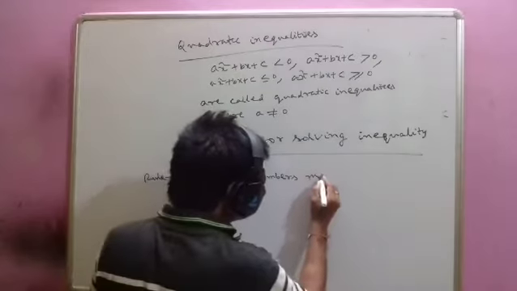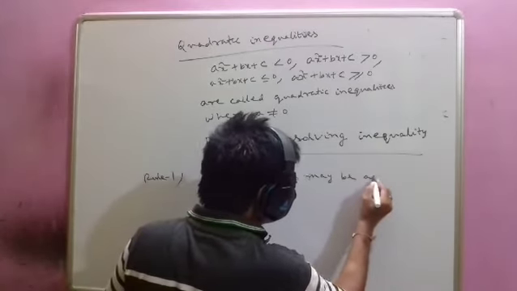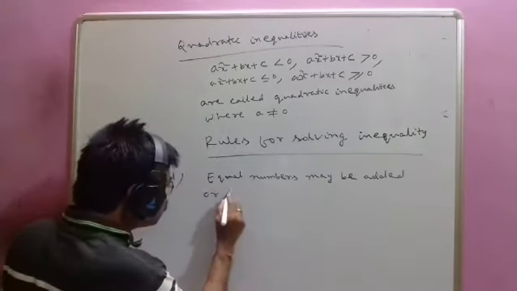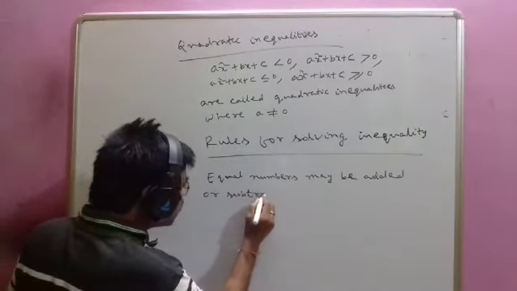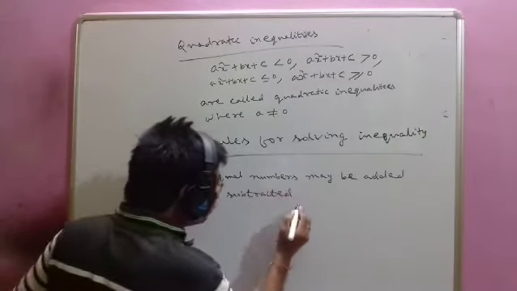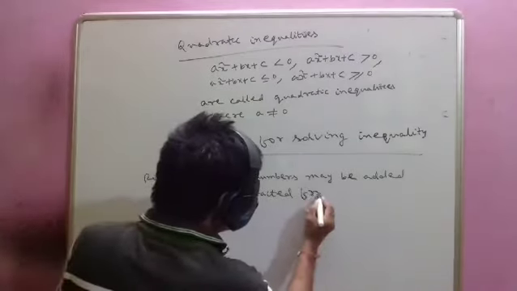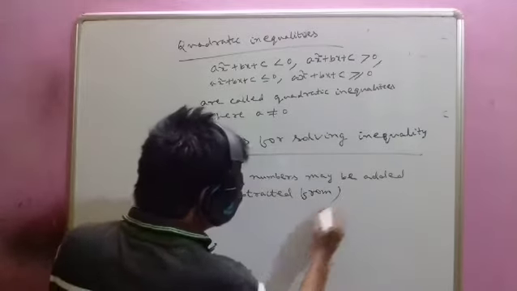Equal numbers may be added or subtracted. You write, equal numbers may be added or subtracted from both sides.